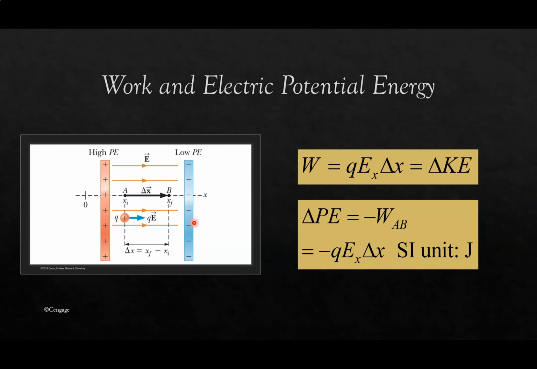Even though potential energy can be defined for an electric field, this equation is valid only for the case of a uniform, which means constant, electric field for a particle that undergoes a displacement along a given axis. Here we call it the x-axis.